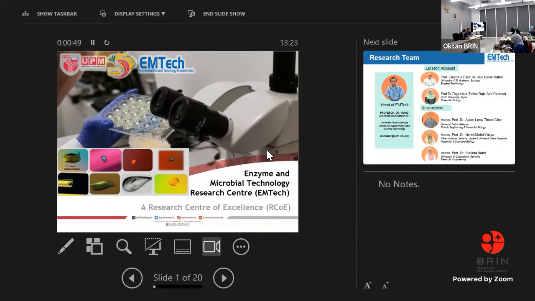In 2012, it was promoted to a research center of excellence by the university. Our research focuses on two keywords: enzymes, and of course microbes. Most of the enzymes come from microbes isolated from local isolates and some other parts of the world.